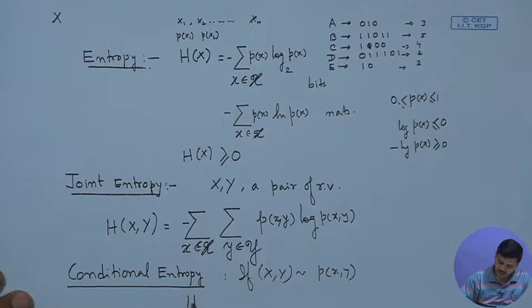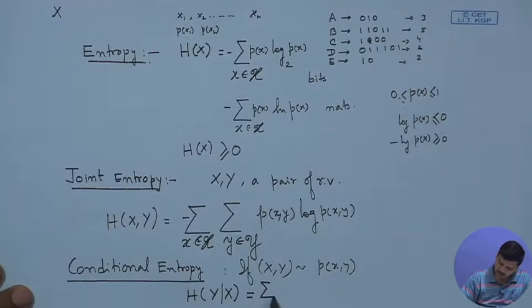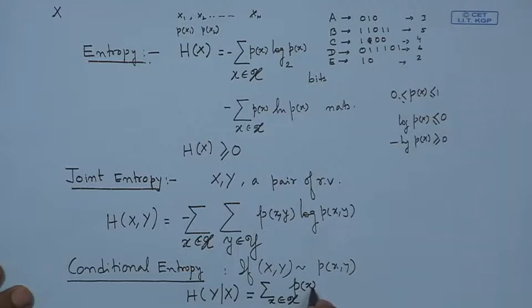Conditional entropy is denoted as H(Y given X), which would be the sum over x element of the set X, p(x) times H(Y given X equals x).